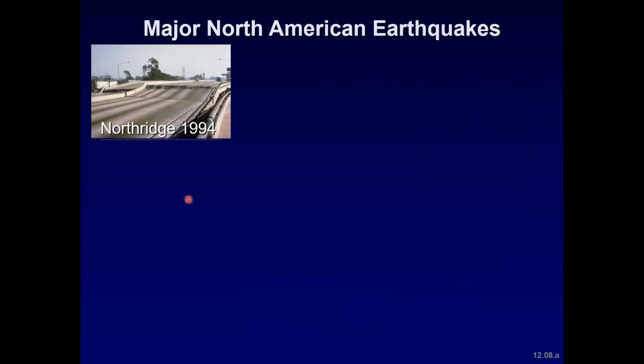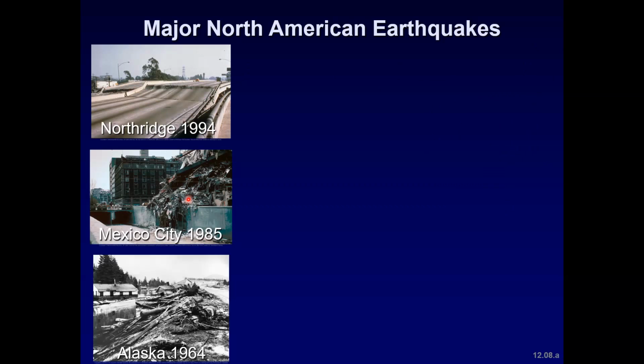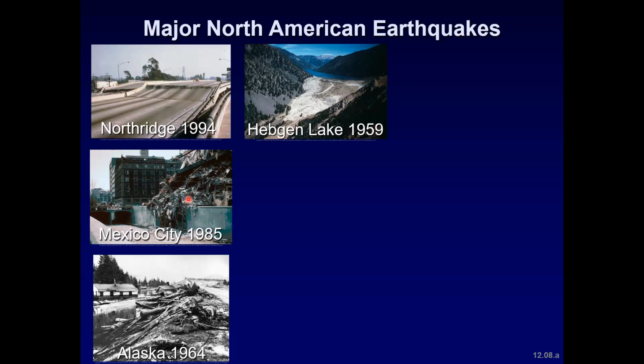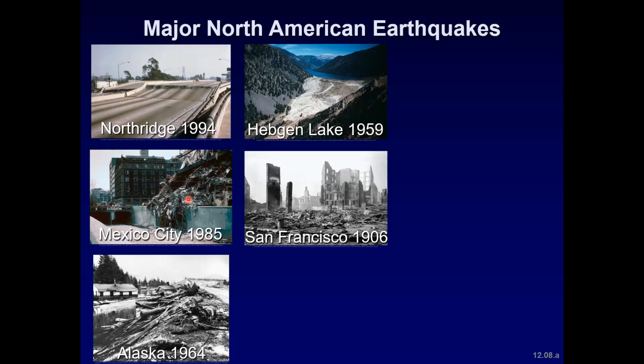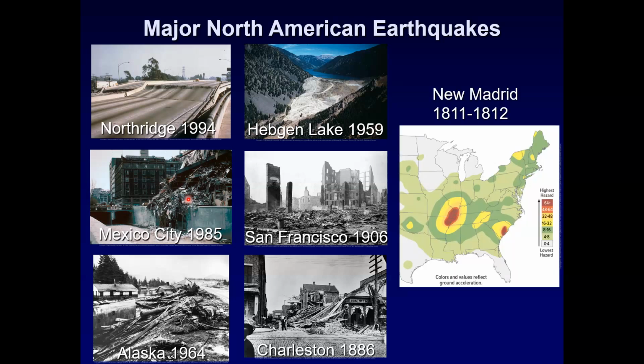And we'll just list a few out here. Northridge, 1994. Mexico City, 1985. Alaska, 1964. Hebgen Lake, 1959. San Francisco, 1906. Charleston, 1886. New Madrid, you might not have heard of that one before.